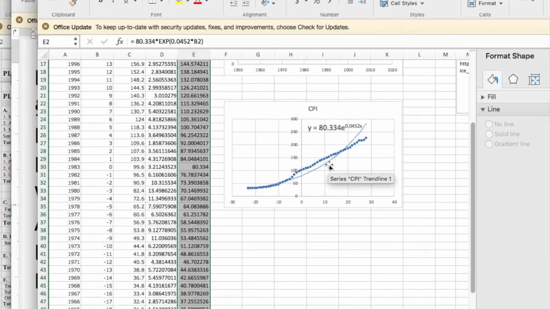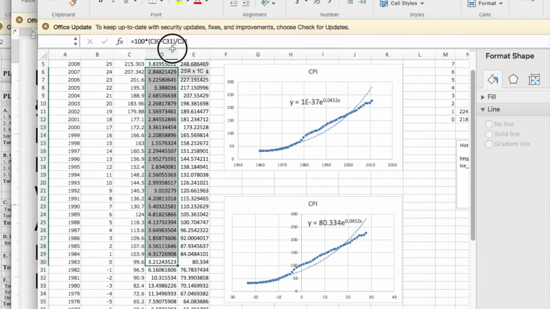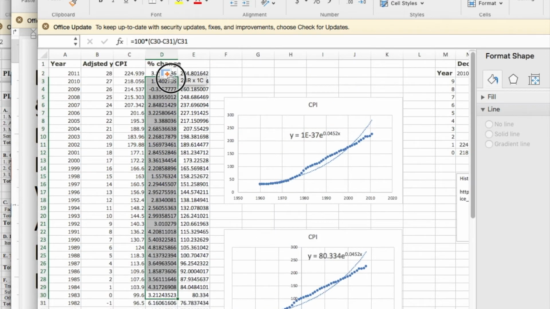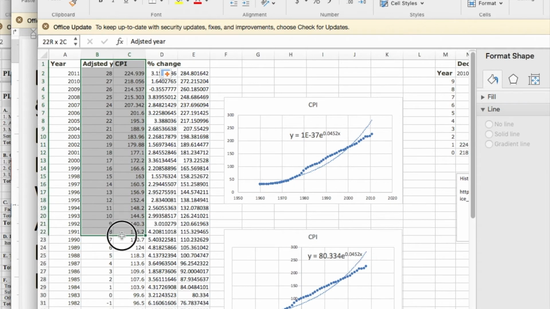But if I look at it, the change after 83, those are all 2 or 3 or 4%. So I'm fairly confident that if I do my adjusted year versus the consumer price index and look at the period from 83 to 2011, that should give me something that's a much better exponential fit.